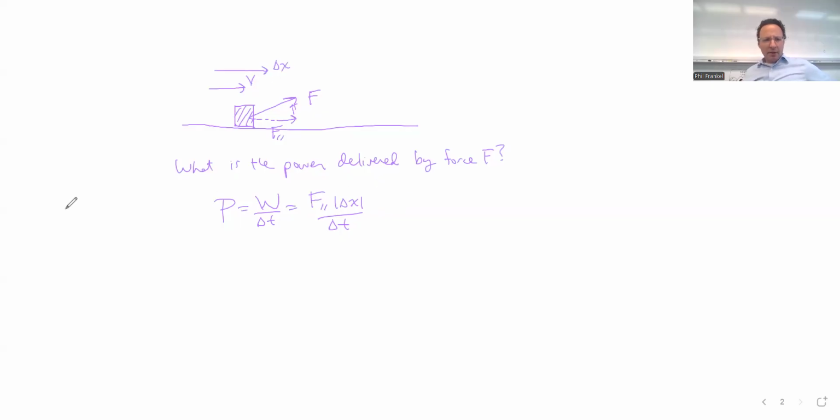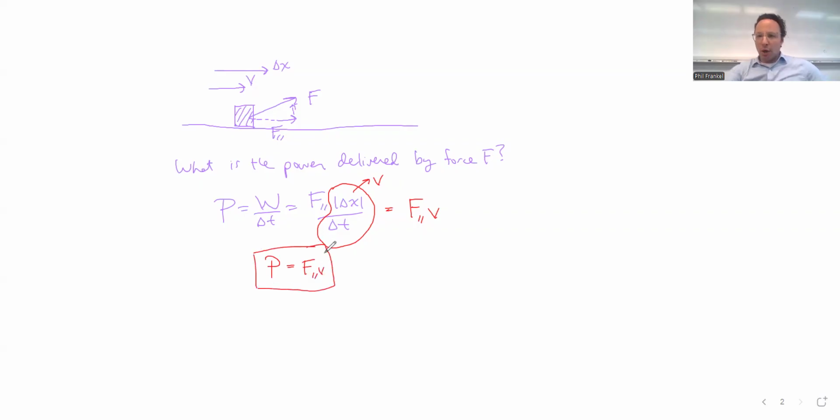But now I look at this expression and I say, oh, delta X over delta T, that's just the speed. Displacement over time is speed. So the power that force delivers to the object is the part of the force parallel to the displacement times the speed. And this is an equation that pops up now and then.